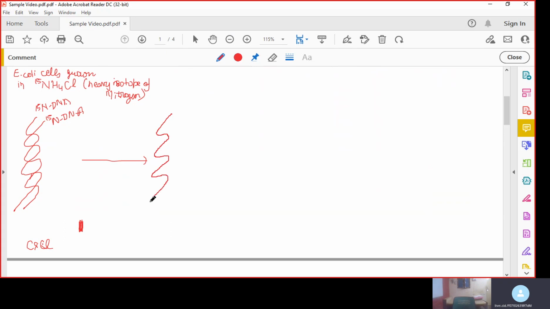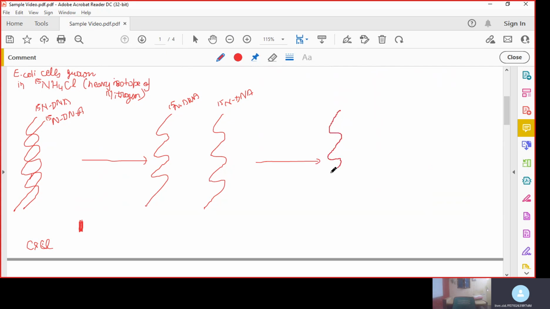See this, I am drawing one template strand. This was the other template strand. So this is 15 nitrogen DNA. Same here, it is 15 nitrogen DNA. I am drawing it till the second generation.